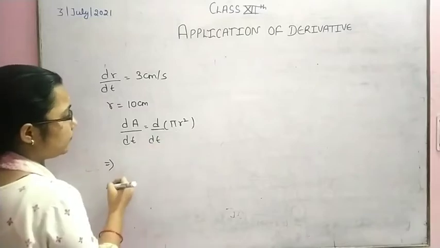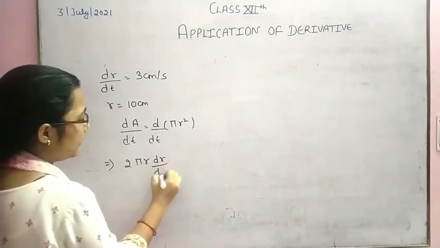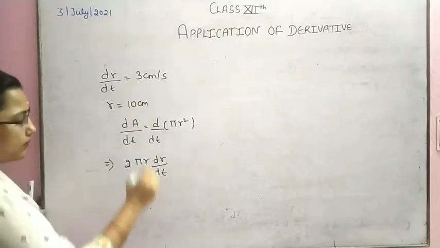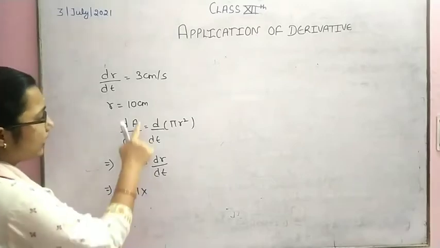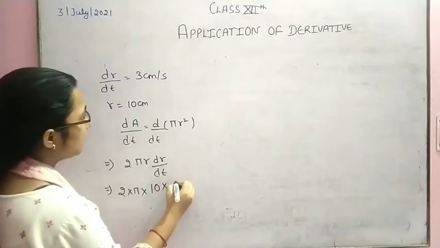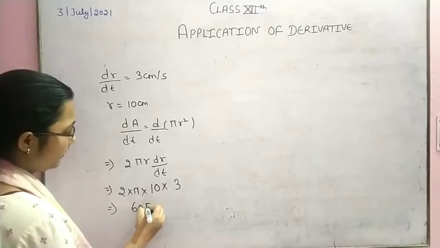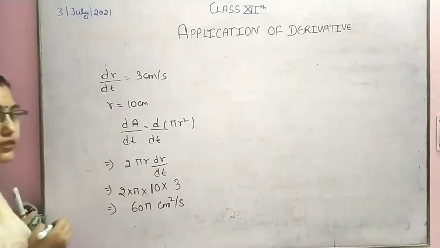Now differentiate it, we get 2 pi r dr by dt. In place of dr by dt, we put 3 centimeter per second. Now we get 2 into pi into 10 into 3, so we get 60 pi, and because this is area, the unit is centimeter square per second.